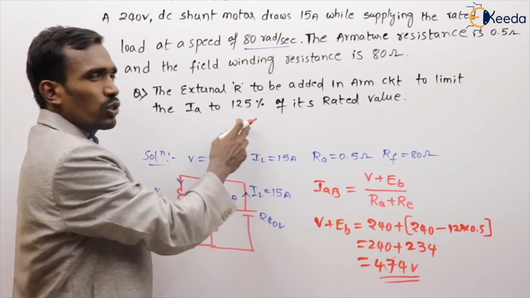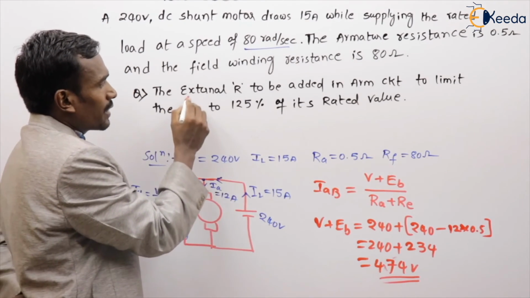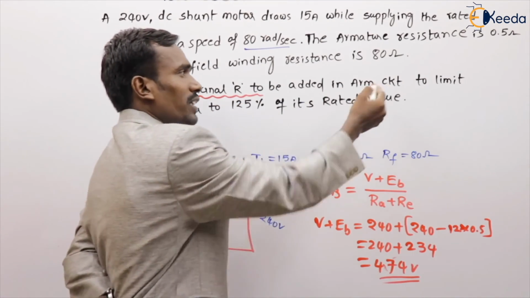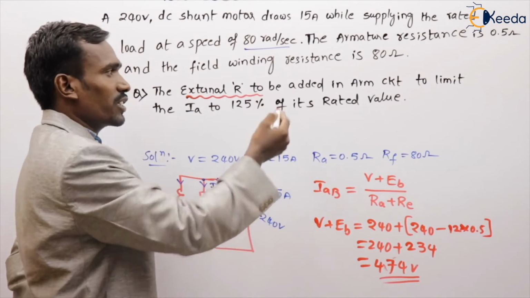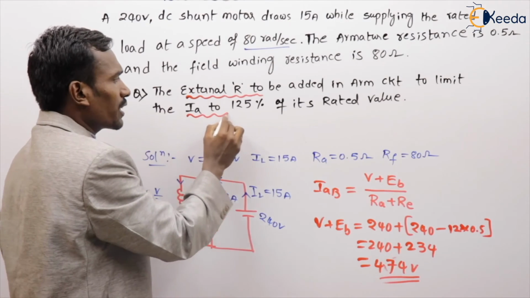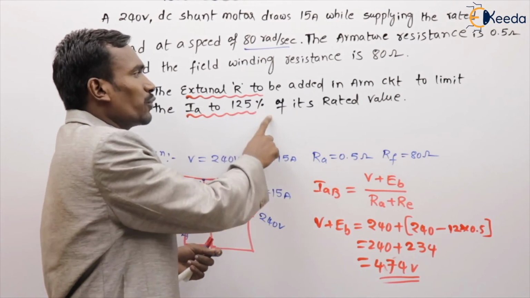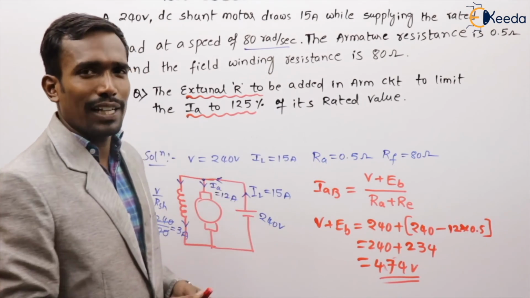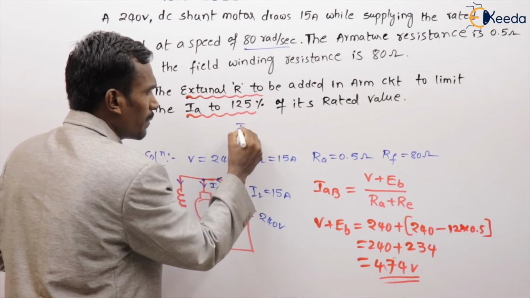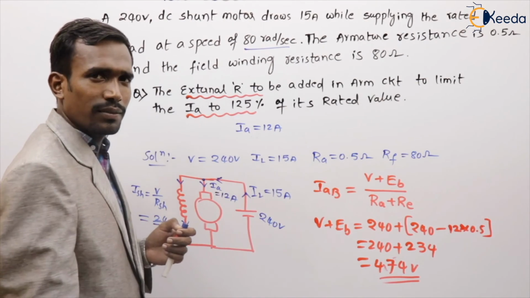Now this is the second question in that linked answer. What they are asking is the external resistance to be added in the armature circuit to limit the armature current to 125% of its rated value. What is my armature current rated value? My armature current rated value is 12 amperes. We calculated it already.